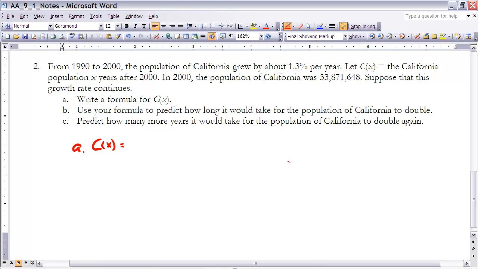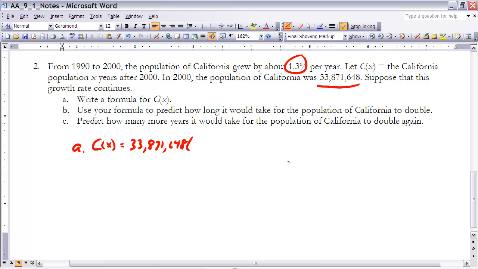Okay, so we want to write an equation for the population of California to begin with. If this is the year 2000 population, that's our starting point, so I'm going to let that be my A value: 33,871,648. That's A. Now my B value would be the growth rate.